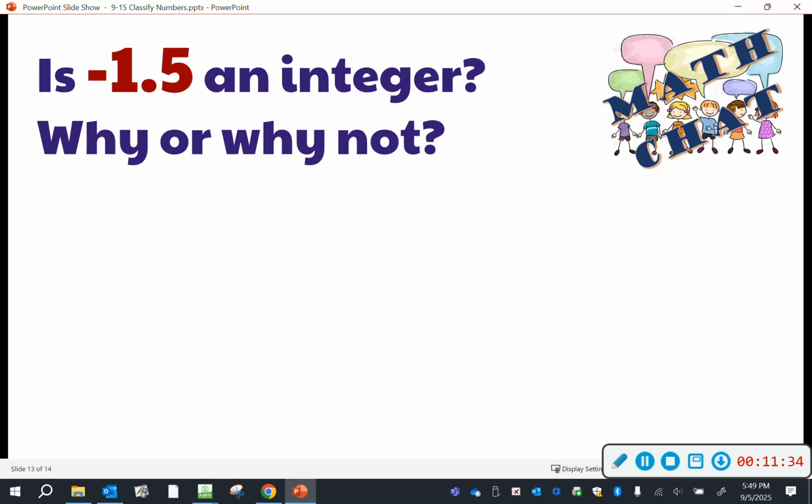Why or why not? If you need to pause to discuss, that's fine. And what I hope you realize is that -1.5 is not an integer because of the 0.5. Just because it has a negative doesn't mean it's an integer. That 0.5 makes it just a rational number only.